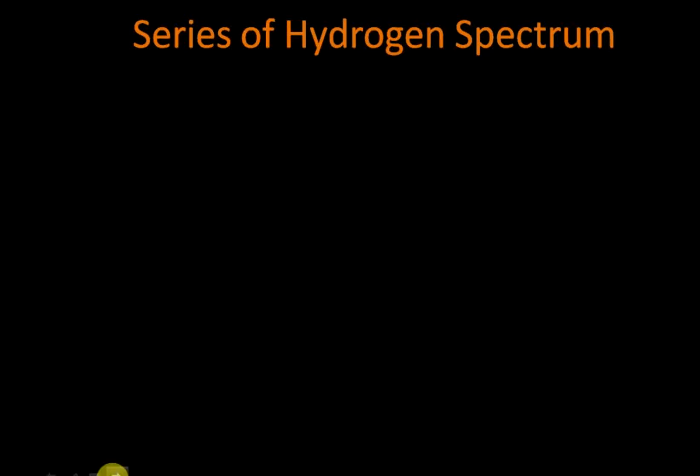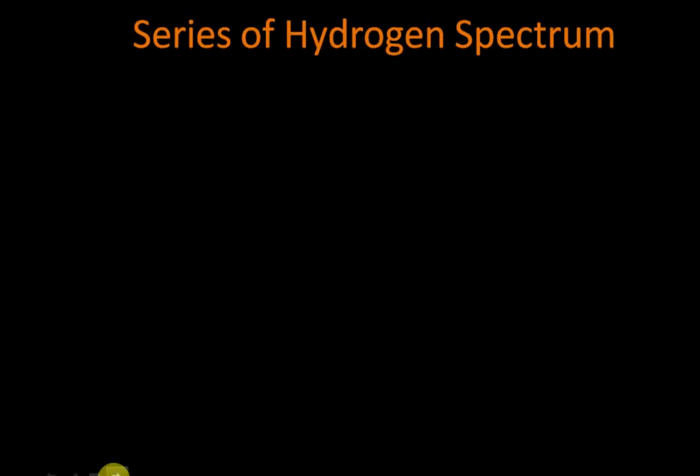Now in this context we have to discuss the series of hydrogen spectrum. When hydrogen gas in a chamber in vapor phase is heated to a very high temperature, or an electric discharge is carried out in an atmosphere of hydrogen, then we obtain light or radiations.